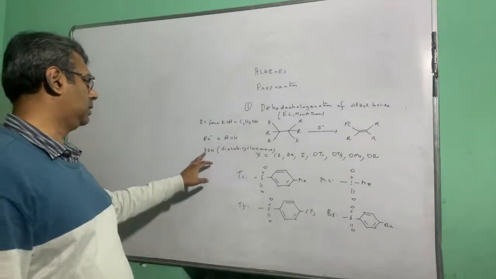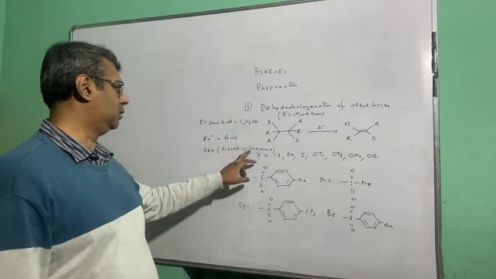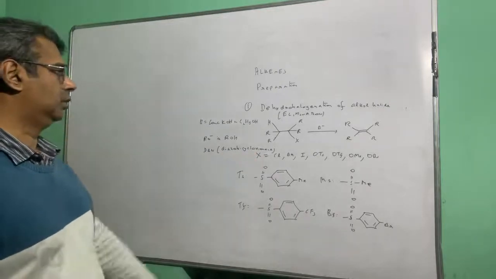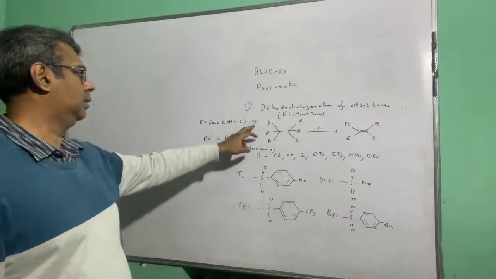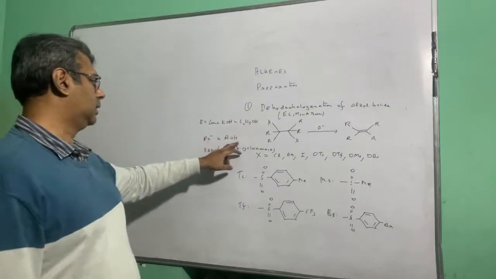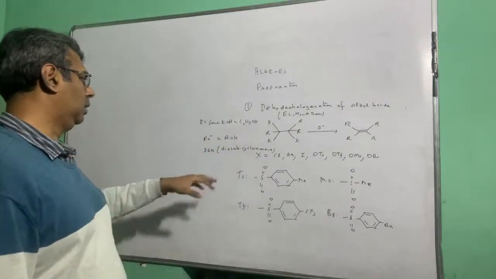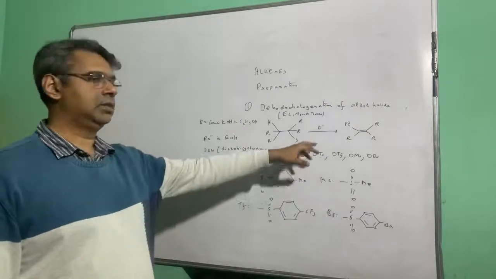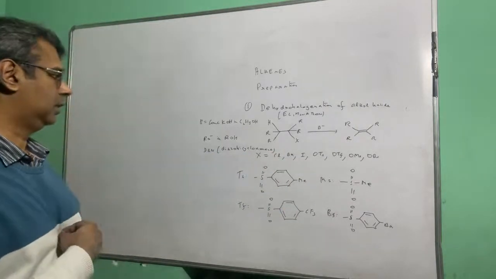Another combination is DBN, that is diazabicyclononene. So this base can be concentrated KOH in alcohol, alkoxide in alcohol, or DBN. So these are the possibilities for this base.